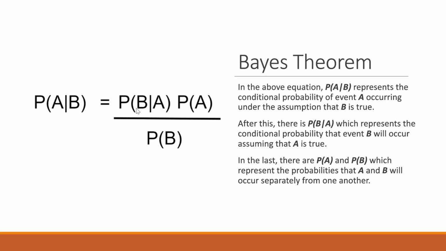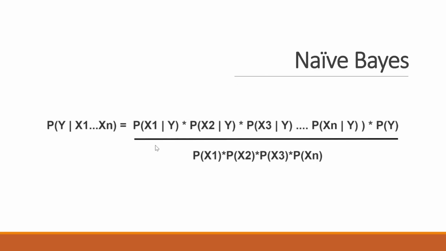After this, there is P(B|A), which represents the conditional probability that the event B will occur assuming that A is true. And after that we have P(A) and P(B) separately, which represent the probability that A and B will occur separately from one another. Now imagine a scenario where there are several inputs, for example inputs from x1 to xn.